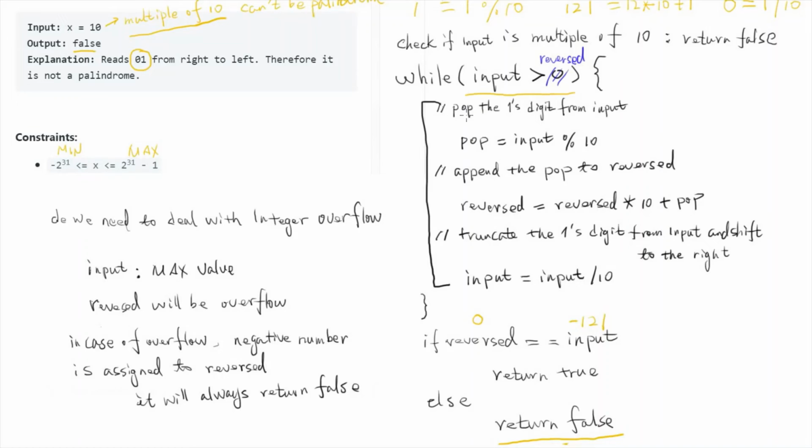And the steps in the while loop remain the same. After we exit the while loop, we will check if reversed equals input, or reversed divided by 10 equals input.